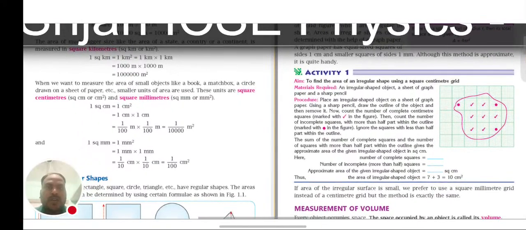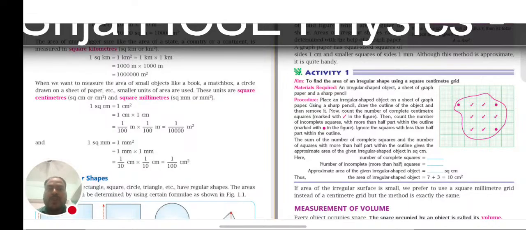Now the next one, 1 square centimeter. 1 centimeter square equals 1 upon 10,000 meter square, that is 0.0001 meter square. Why? Because here it is centimeter square, so we take 2 times.